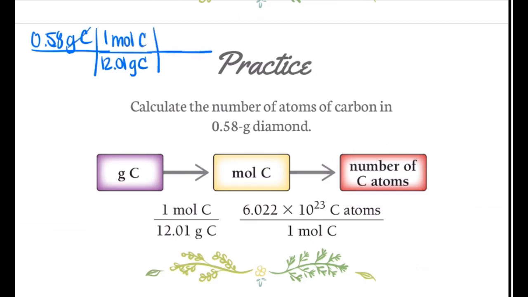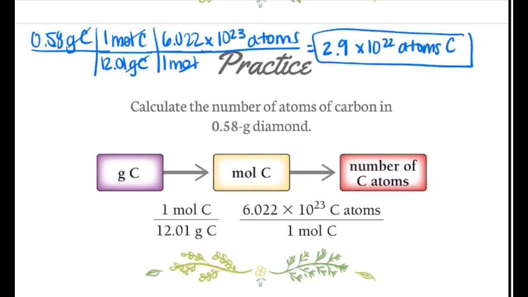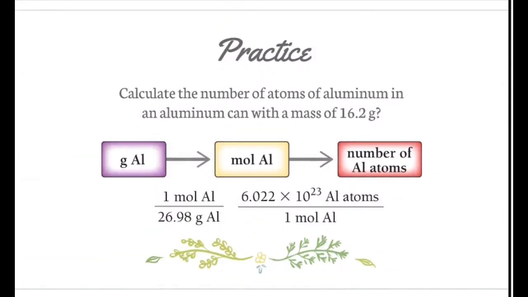Okay, so now I have moles of carbon, and if I have moles of carbon, then I can use Avogadro's number to figure out how many atoms of carbon are going to be in that sample, because Avogadro's number tells me atoms per mole. So I should get 2.9 times 10 to the 22 atoms of carbon, and that's my answer. Okay, try again.